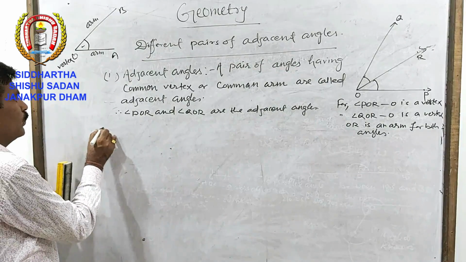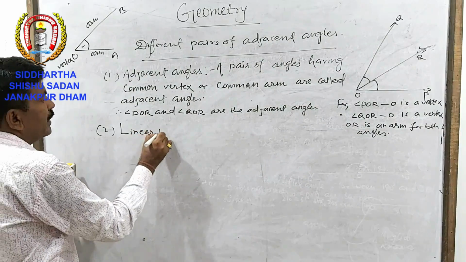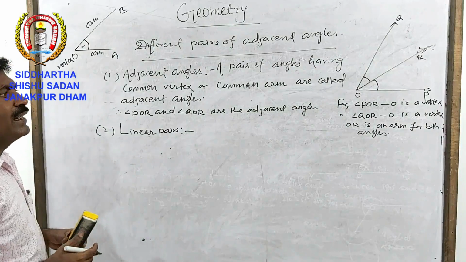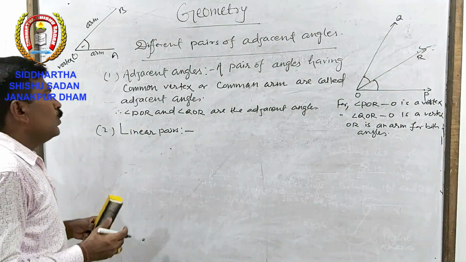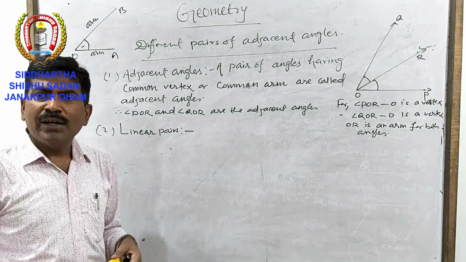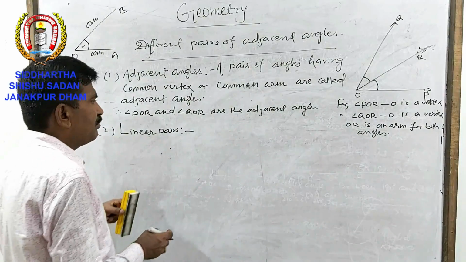Now number two, linear pairs. So what is the definition or meaning of the linear pairs? So let's see.